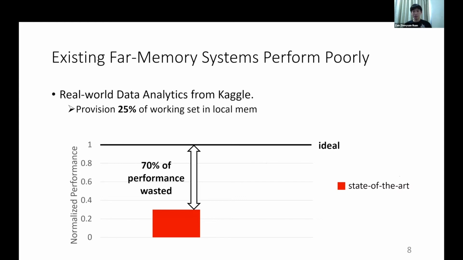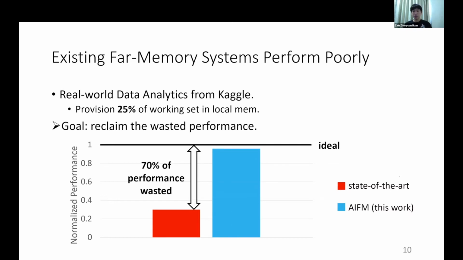However, if we provision the far memory system with 25% of local memory, or in other words, 75% of far memory, then it wastes 70% of performance. This leads to our design goal. How can we reclaim the lost performance through a better system design? In this work, we designed a new system, AIFM, that achieves this goal. But before introducing AIFM, let's first dive into the existing far memory systems to see why they waste performance.